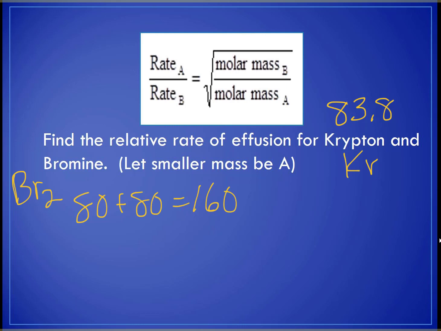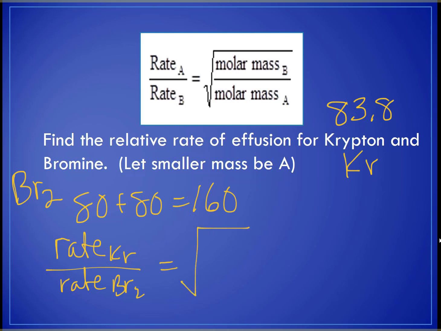So let's set up our problem. We have the rate of our small gas, so that would be the krypton, compared to the rate of our larger gas. And it's equal to the square root of the larger gas on top now, 160 over 83.8.